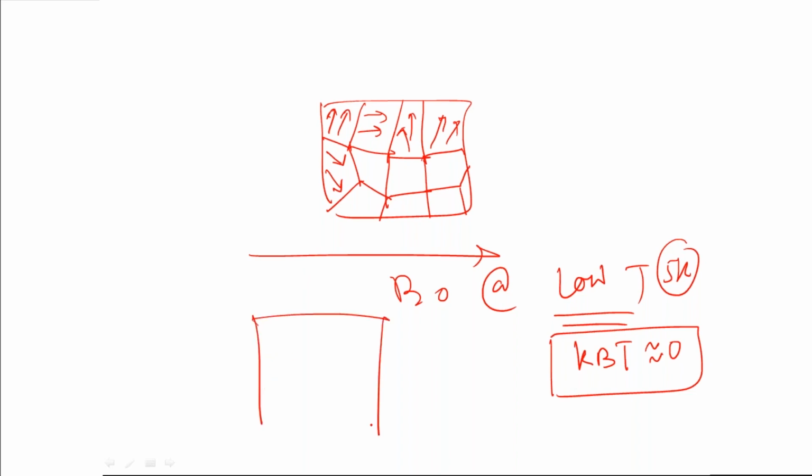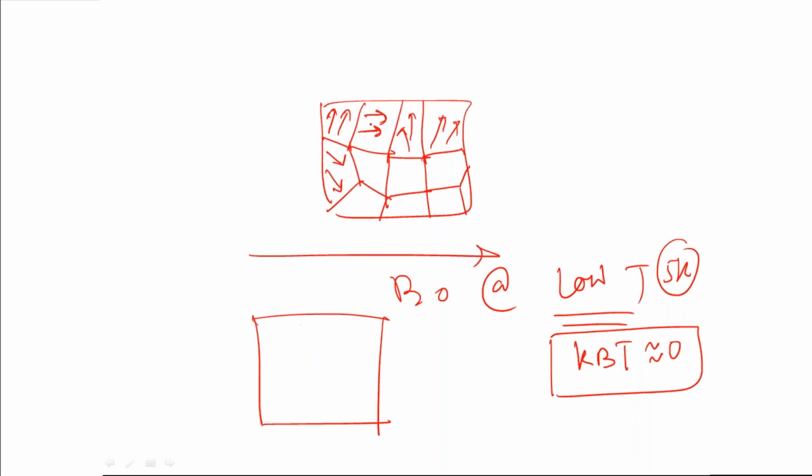So what happens in this case when you apply the field? See, in this material, in the direction of the field, the domain will increase, and the domains which are opposite to the field direction will slowly decrease in size.